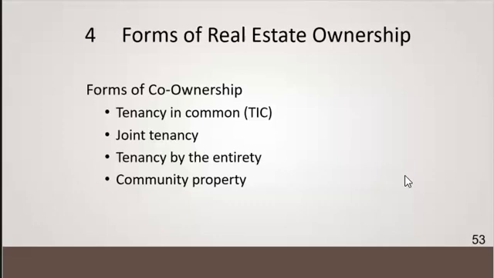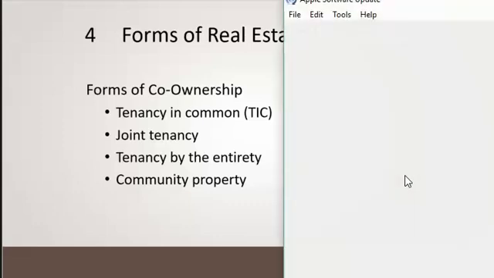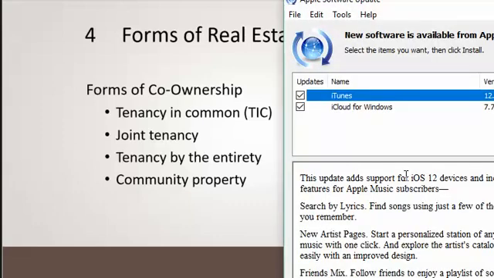Because here's what happens. When one of them dies, so you've got four owners, A, B, C, and D. When one of them dies, their portion is split amongst the survivors. So they owned 25%. Now, Jerry Jim Bob got caught in a threshing machine.